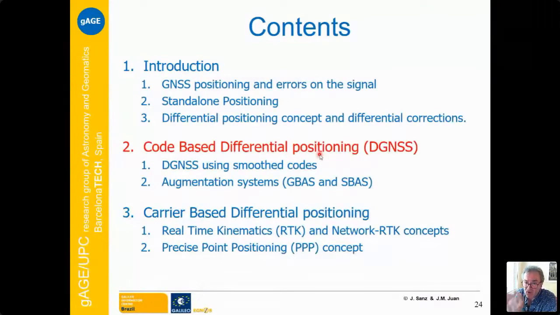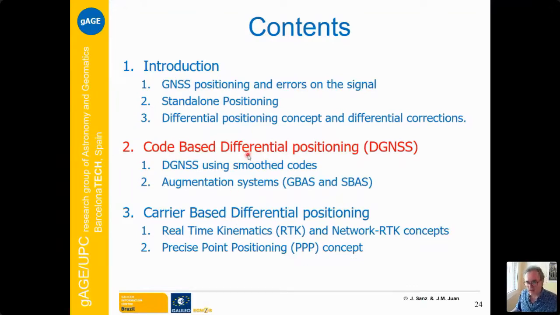We do not have to repair the code measurements. We have only to remove the errors that contaminate the code measurements. And we have carrier phase measurements. Carrier phase measurements are about 2 orders of magnitude more precise than code, but are ambiguous. In the case of carrier phase, we have to repair these measurements.